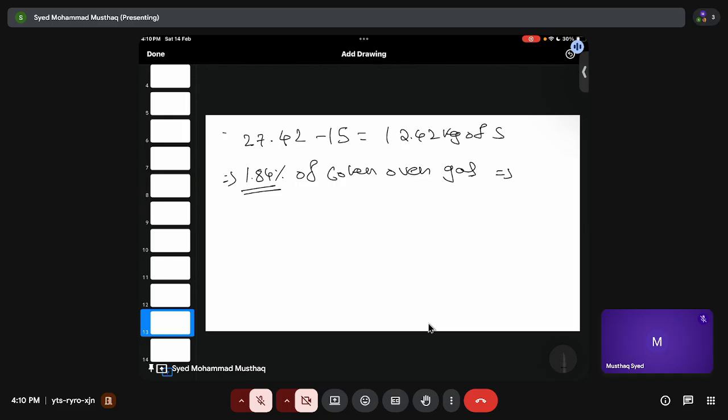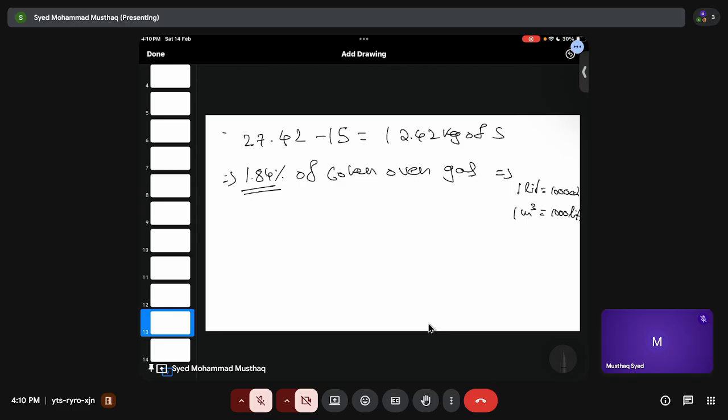So I will write values. 1 liter will be equal to 1000 centimeter cube, and 1 meter cube will be equal to 1000 liters, at standard temperature. These are the conversions.